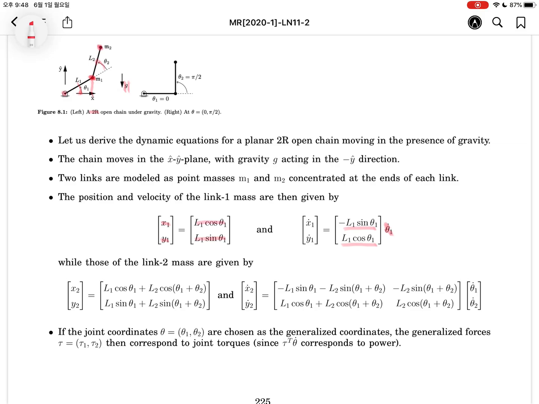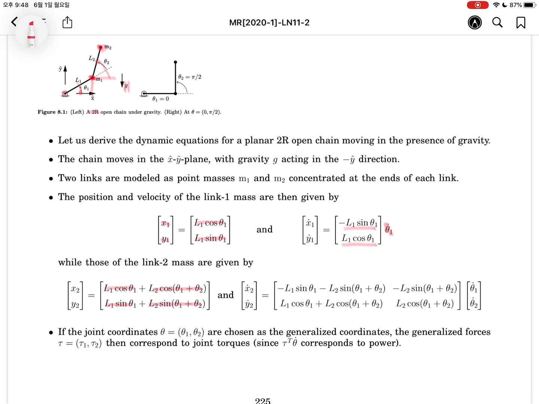Well, the end point of link 2 is obtained using sine and cosine. So x2 is L1 cosine theta 1 plus L2 cosine of theta 1 plus theta 2, because this angle is theta 1, so the sum of theta 1 and theta 2 is used to describe the end point of L2. The y2 is obtained as L1 sine theta 1 plus L2 sine of theta 1 plus theta 2.